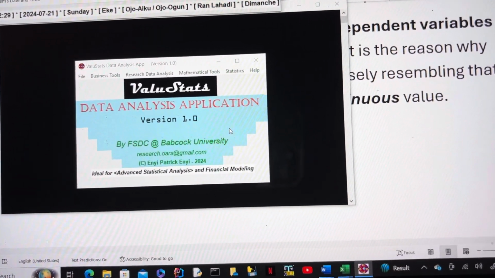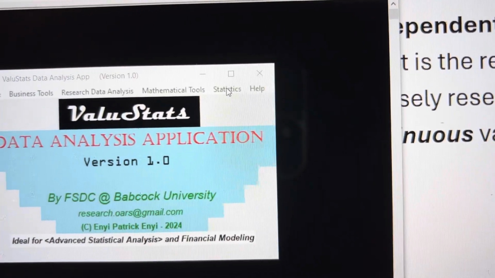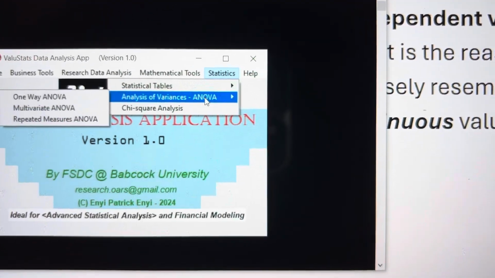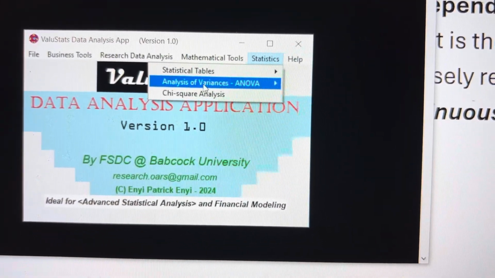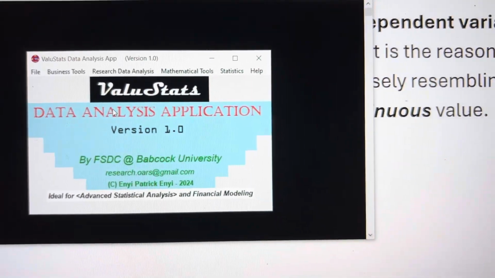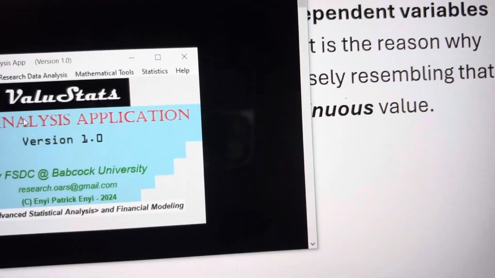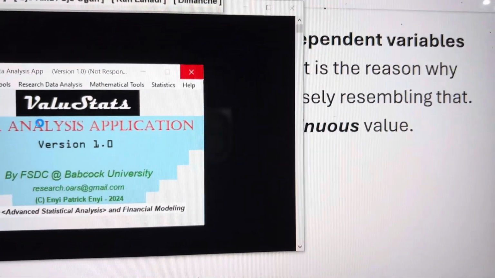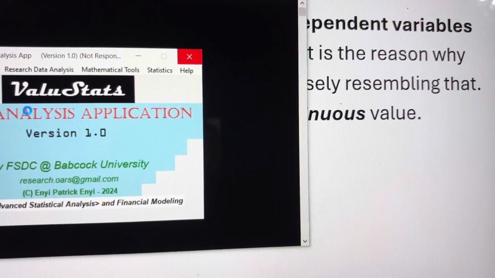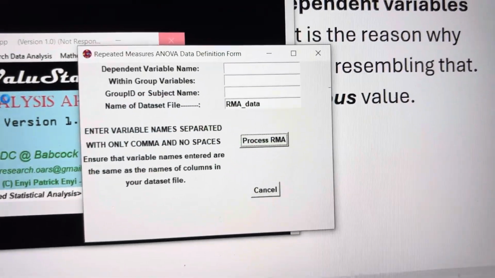So we go to the statistics menu, we go to repeated measure, we go to ANOVA, we go to repeated measure ANOVA, and then we wait for this to come up. Yes, it's out now.